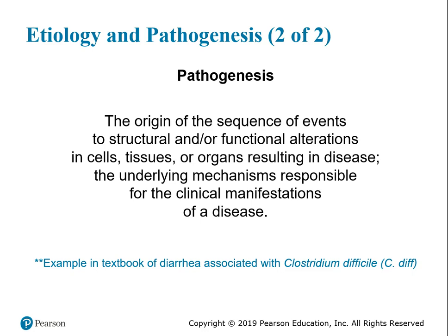And so the idea is that there are environmental factors and host factors, internal factors, that are going to influence the disease or the diarrhea that's associated with the infection, okay? I think it's important to give this example.